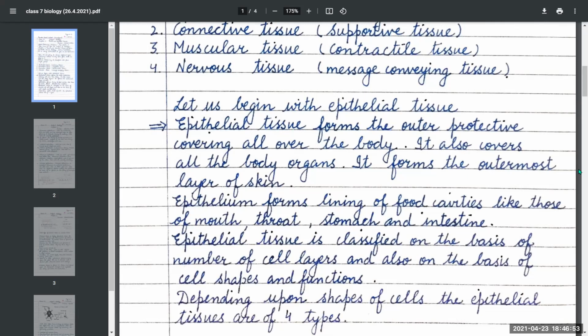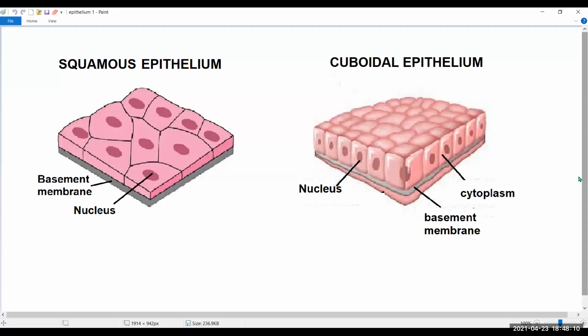Epithelial tissue is classified on the basis of number of cell layers and also on the basis of cell shapes and functions. Now, depending upon shapes of cells, the epithelial tissues are of 4 types. First type of epithelial tissue is squamous epithelium.